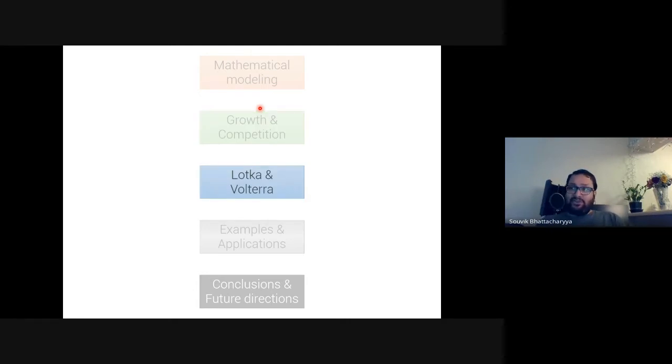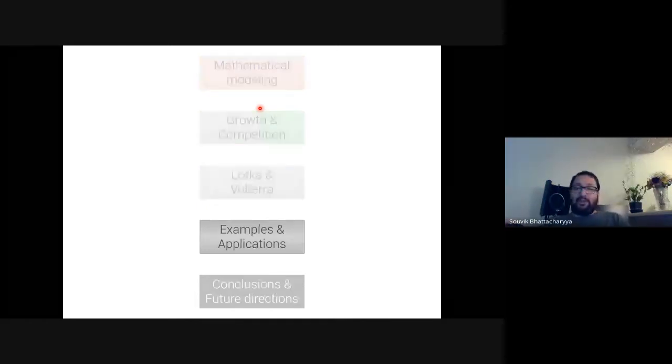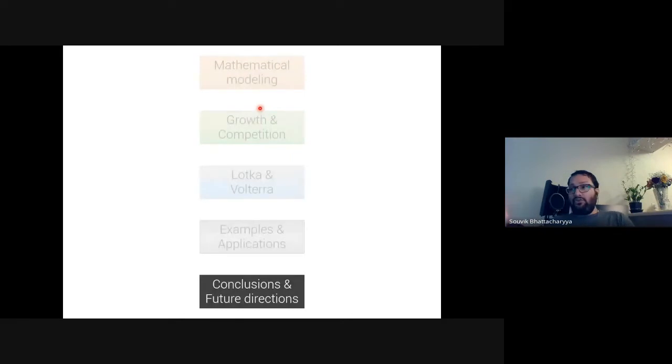And then we're going to see how Lotka-Volterra models can be used in different aspects of biology, and you'll be stunned to find out the extreme examples of the application that people have done using Lotka-Volterra models. And finally, we'll conclude and get some take-home messages from this lecture.